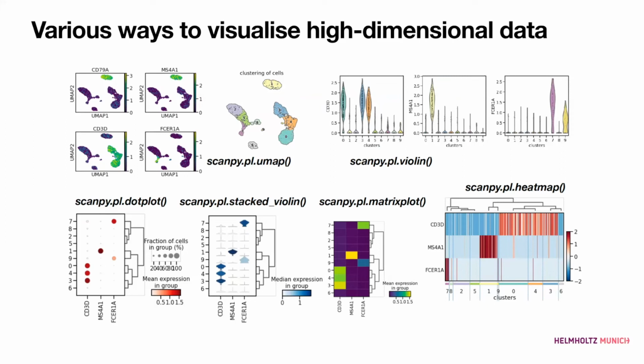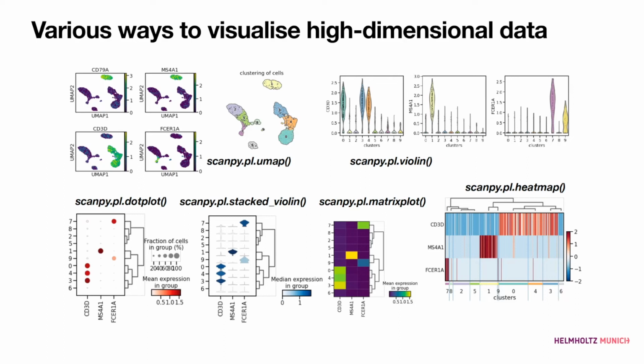But we may also want to look at the distribution of gene counts in individual clusters, for example. So we could look at violin plots, or, if you want to compress this information down, you could look at dot plots where you just visualize, let's say, the mean expression.